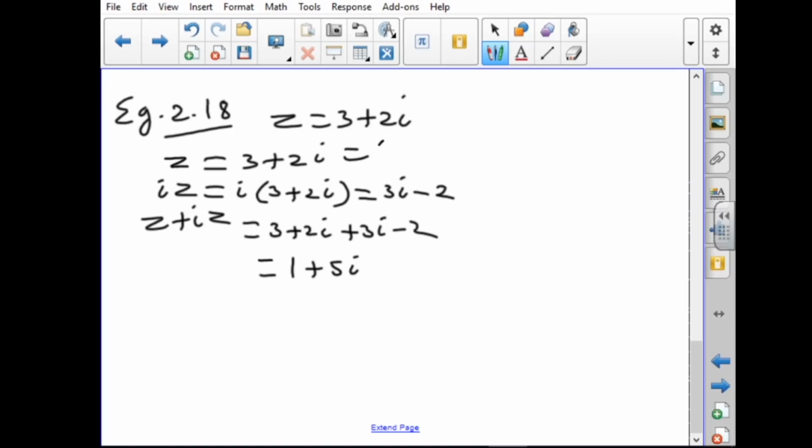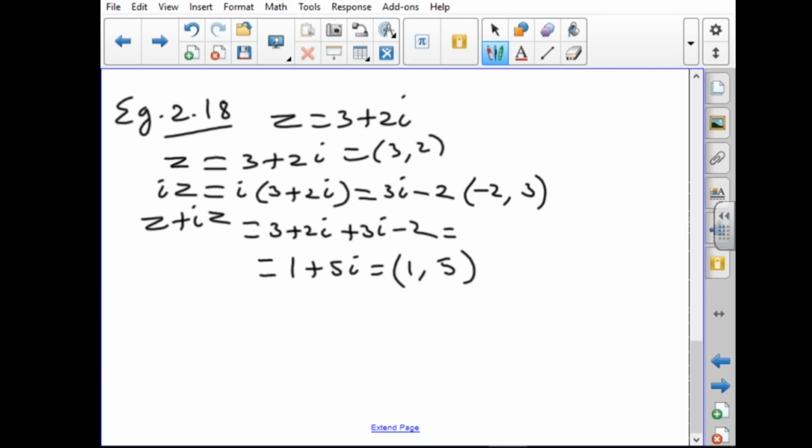Writing in ordered pairs, this is (3, 2), this is (minus 2, 3) and this is (1, 5). You should be very careful in writing this. The real part should be written first and then the imaginary part.